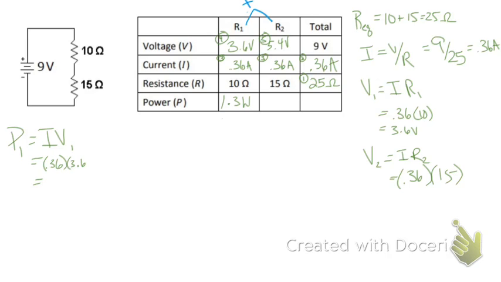That was what, step 6? Step 7, we'll do the same thing. 0.36 times 5.4. That will give us 1.94.